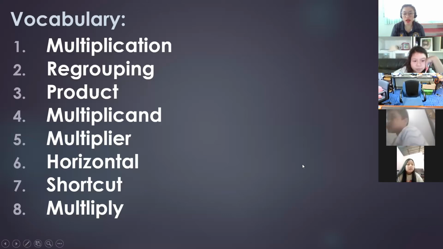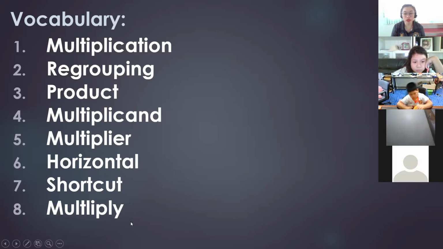So these are our vocabularies for today: multiplication, regrouping, product, multiplicand, multiplier, horizontal, shortcut, and multiply.